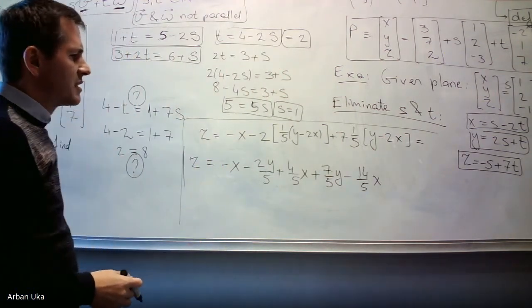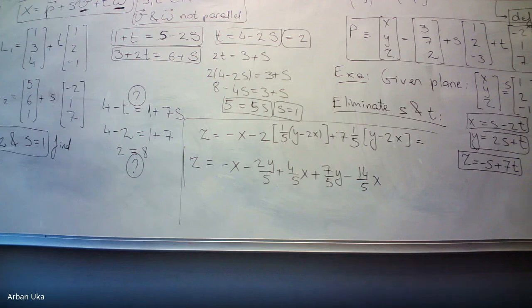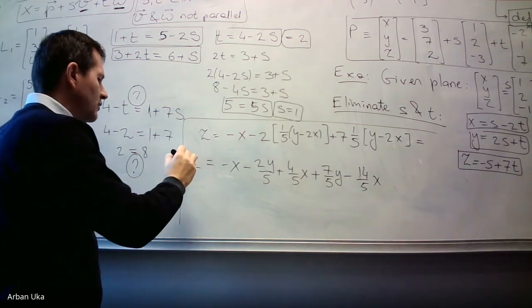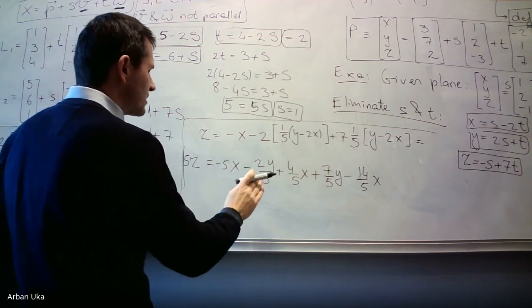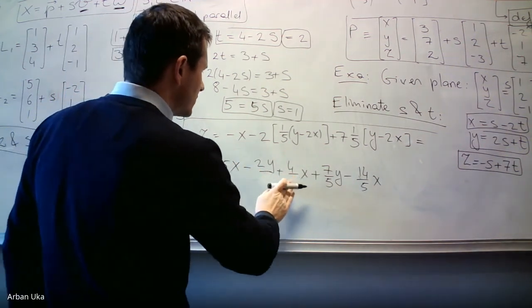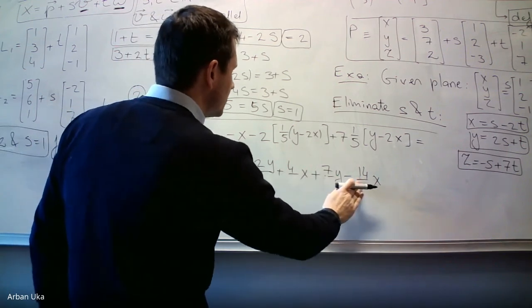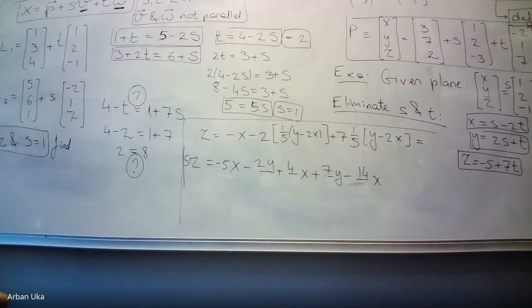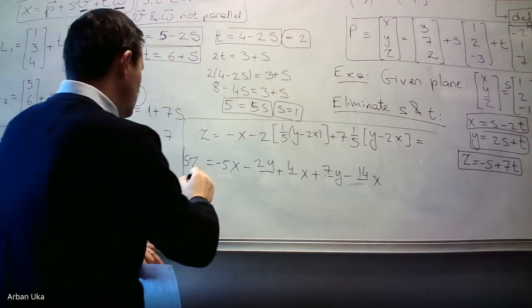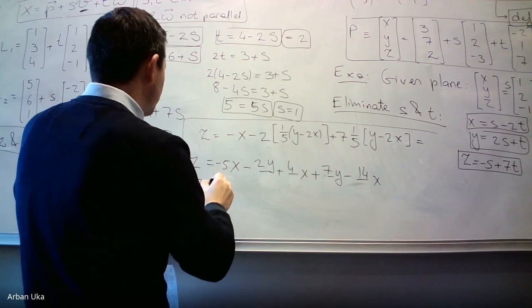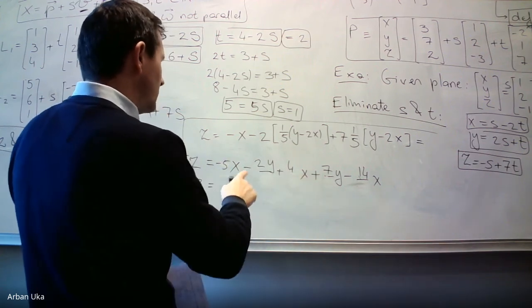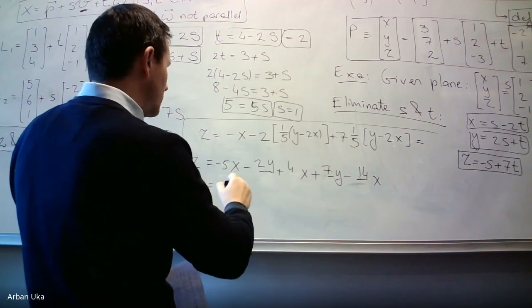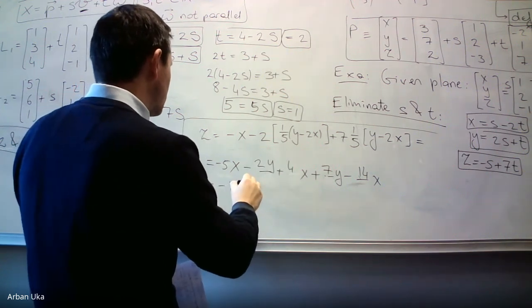What can help us is that we can multiply everything by 5 and see if things get simpler. So we get here 5z, which would be minus 5x. This is gone, this is gone. Simplify. Then we can bring together the x's. So 5z would be equal to minus 5x plus 4x minus 14x, giving minus 15x.